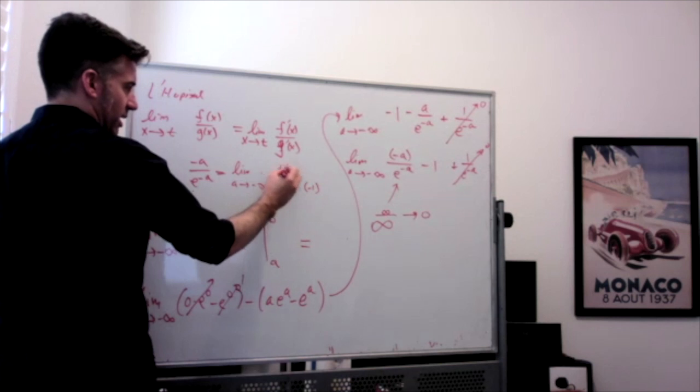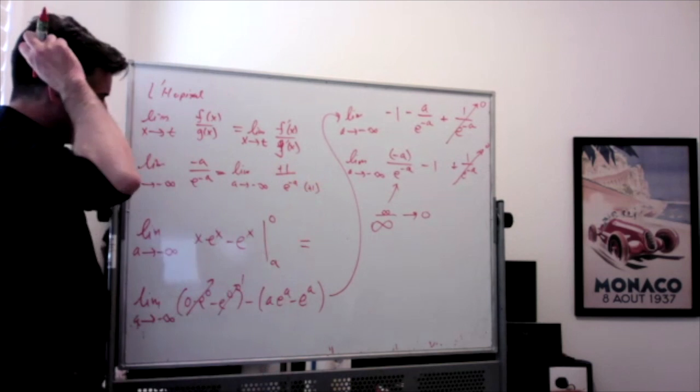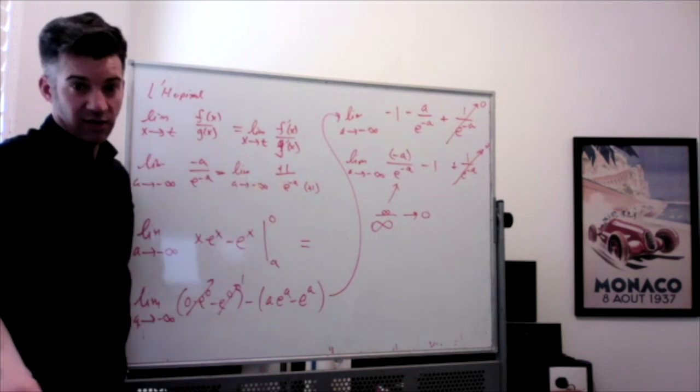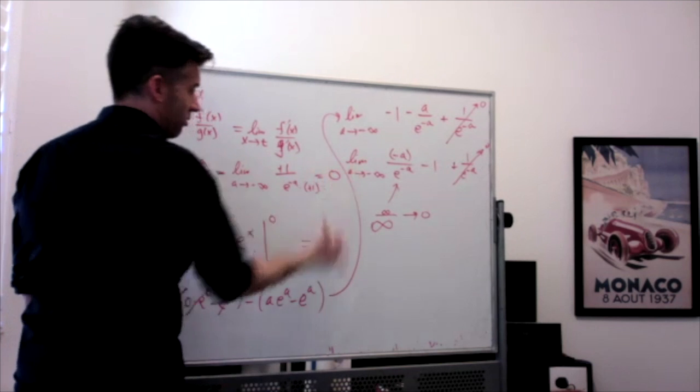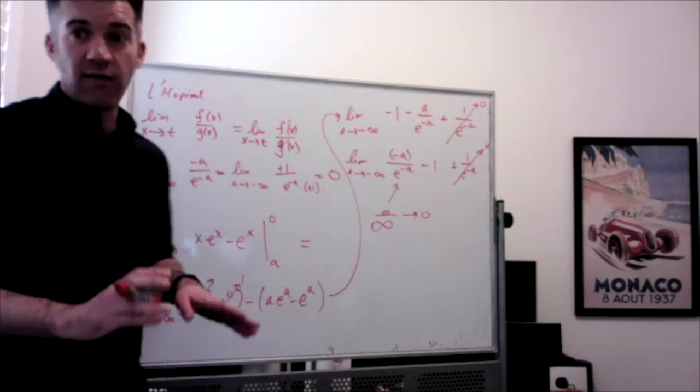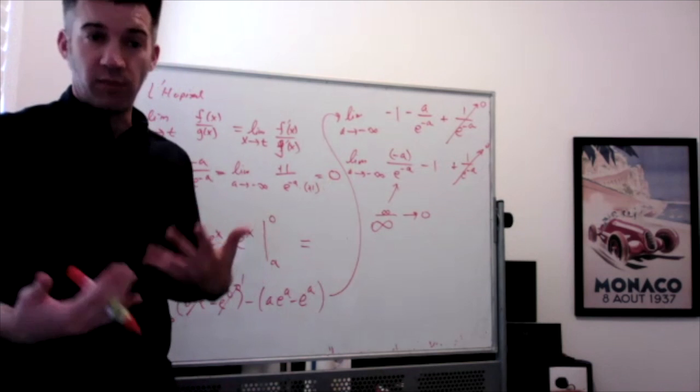The -1's cancel. And then you've got 1 over something that's still infinitely large, which is going to go to 0. So that's the very, very brief gist of L'Hopital's rule.